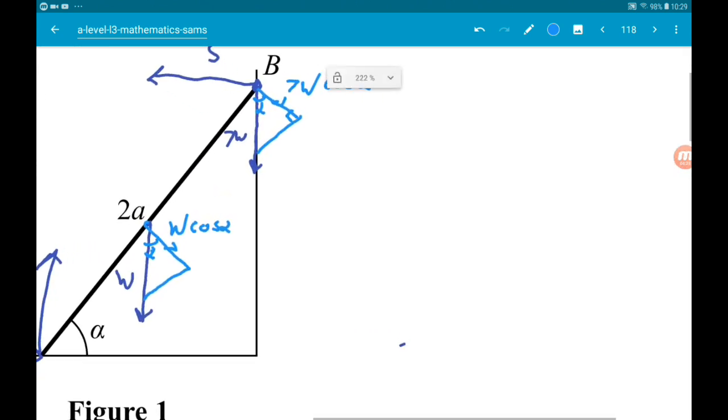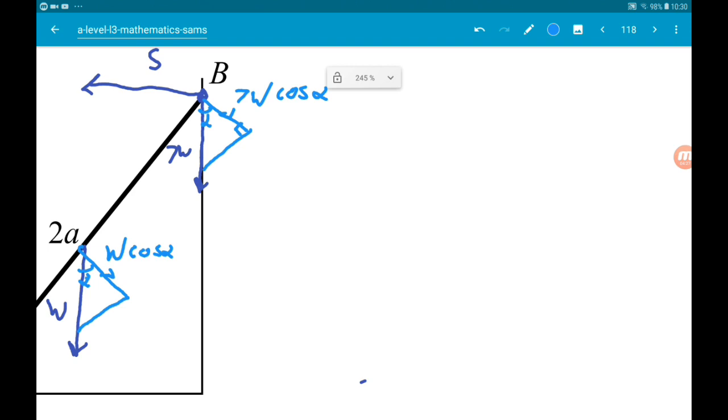So we can say then that minus AW cos alpha, and then the moment at B is going to be minus 2A times 7W cos alpha, so that's minus 14AW cos alpha.